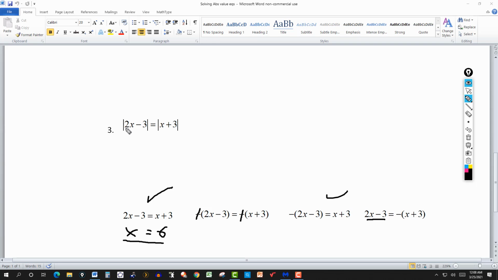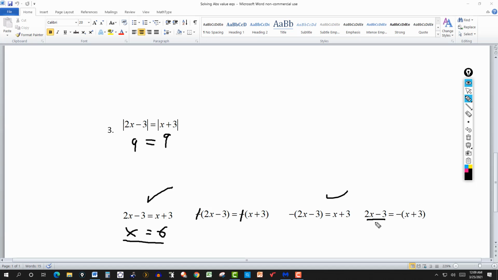You can see if I plug x equals 6 in over here, 6 times 2 is 12, minus 3 is 9, absolute value of 9 is 9. Put a 6 there, 6 and 3 is 9, absolute value of 9 is 9, so I get 9 equals 9. It checks.